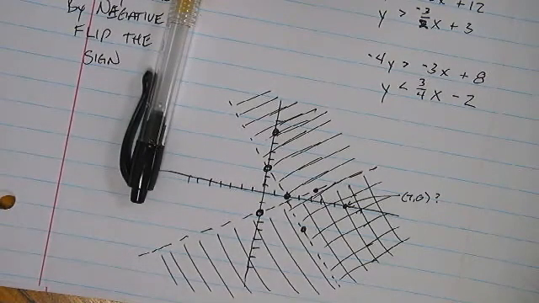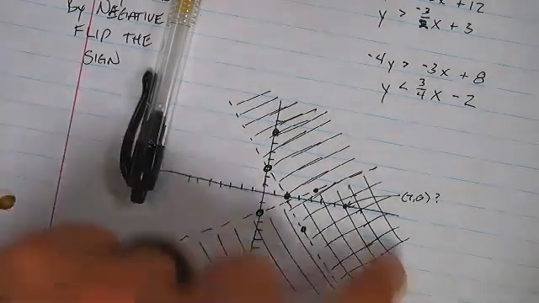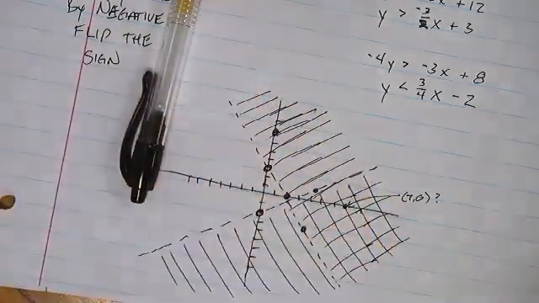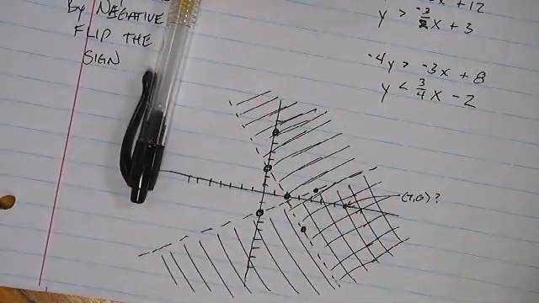You can use colors, or star this one and circle that one and see where you have stars and circles in the same area, however you want to do it. Okay. But always try a point from that region to make sure that you've got the shading correct, or you're picking the correct answer choice with the shading.